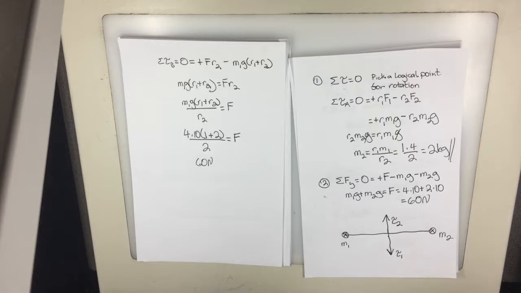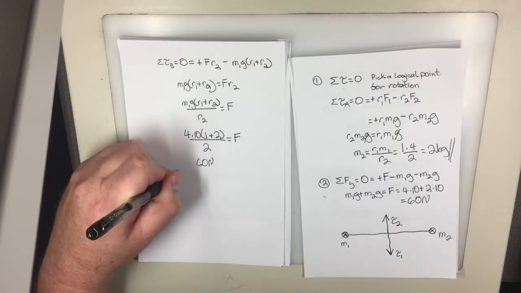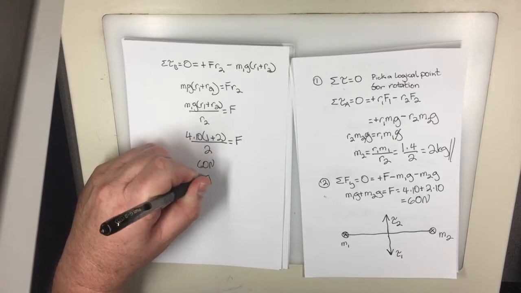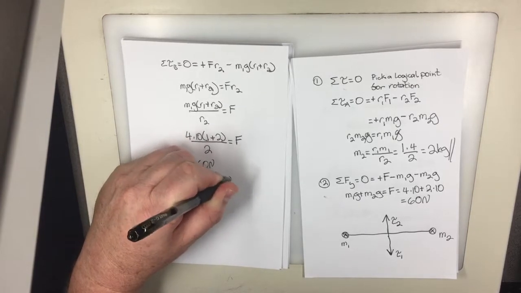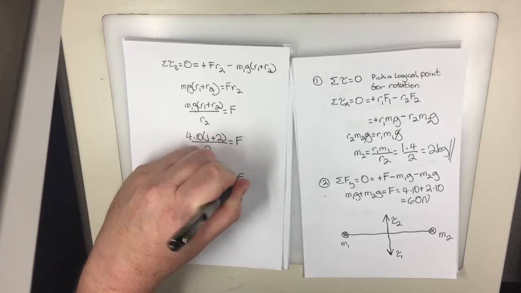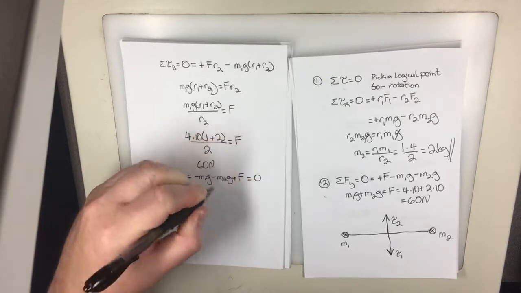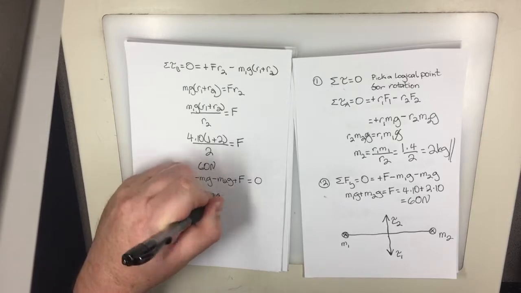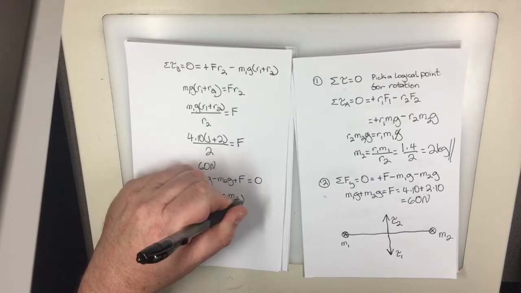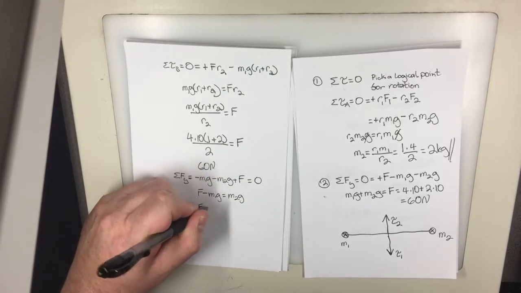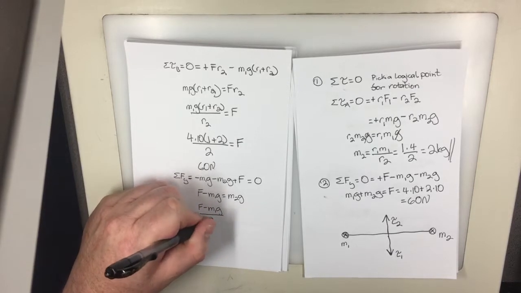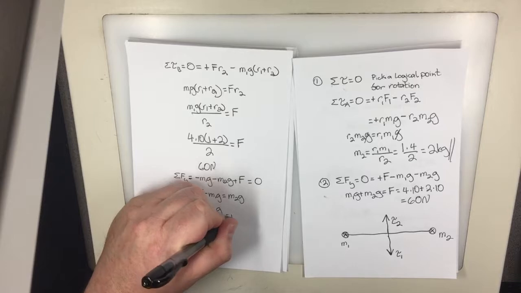You can solve M2 now by just doing the sum of the forces in the vertical. Minus M1 G minus M2 G plus F is equal to 0. So F minus M1 G equals M2 G. So F minus M1 G, over G, is equal to M2.